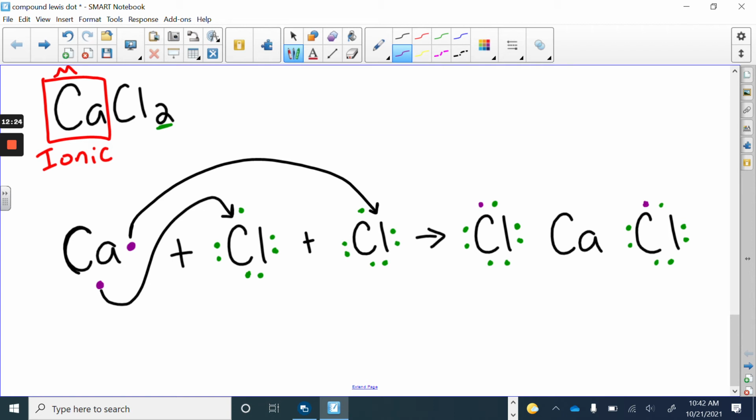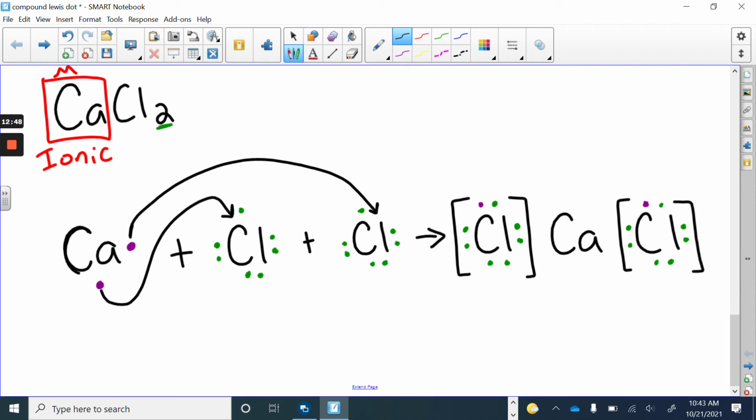Since it is ionic and we are not sharing bonds, again, we must show that they are not sharing by adding brackets around the nonmetal, or the one that has all of the valence electrons. And since it's ionic, don't forget that we must include charges here. Chlorine gained 1 valence electron.